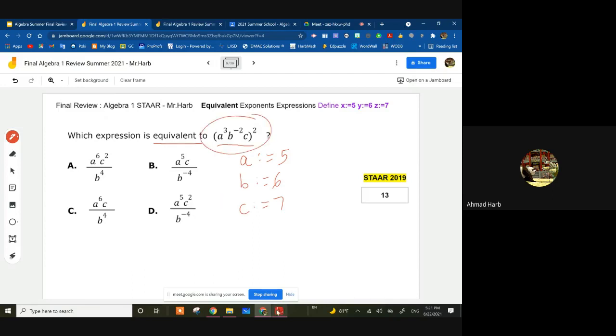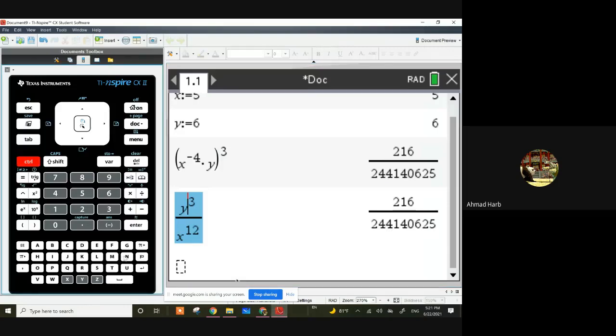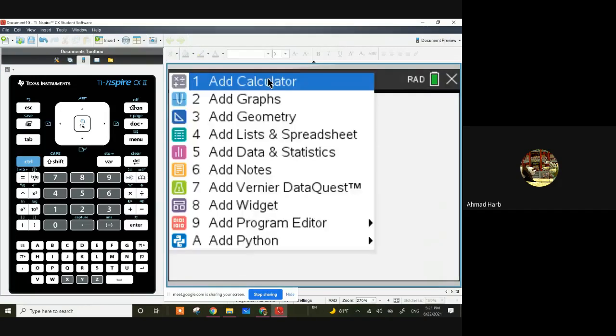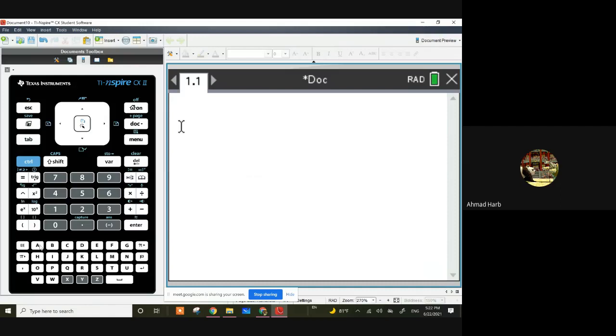So go to the calculator. Again, the step is Control N. Add calculator. We said A is 5, so A is defined as 5. B is defined as 6. C is defined as 7.